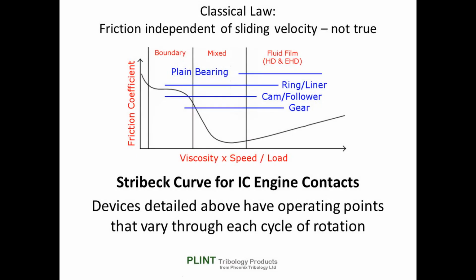In a lubricated contact, friction is not independent of sliding velocity. In this slide, it is of course important to note that the devices detailed all have operating points that vary through each cycle of rotation.